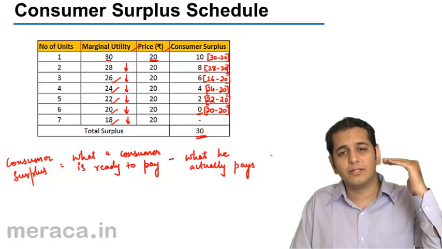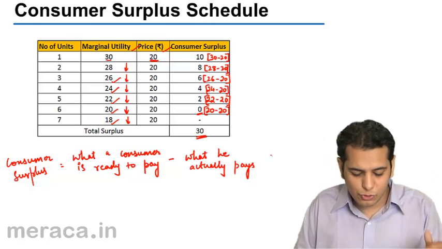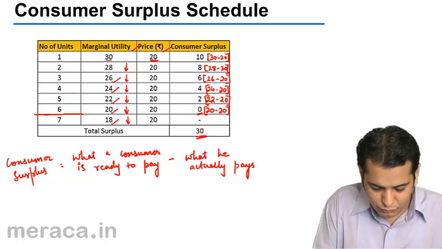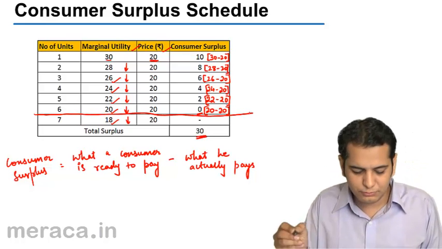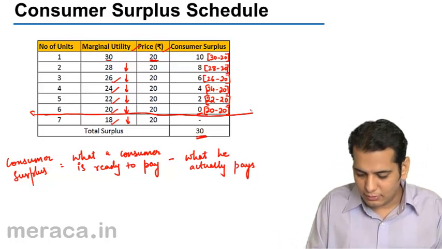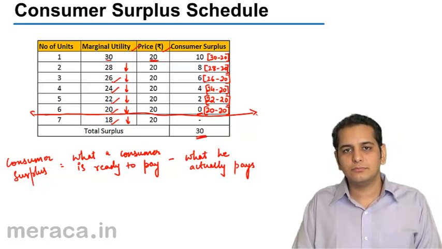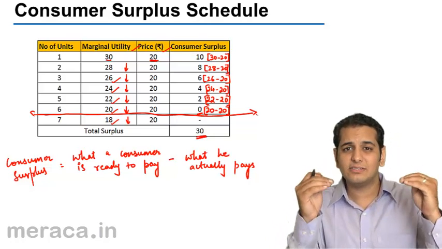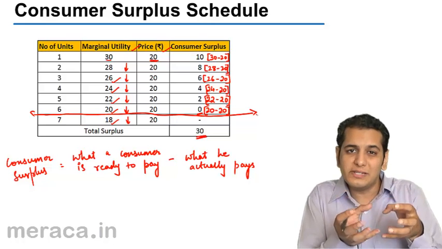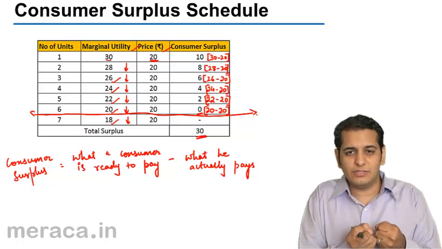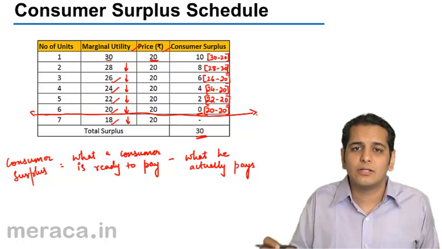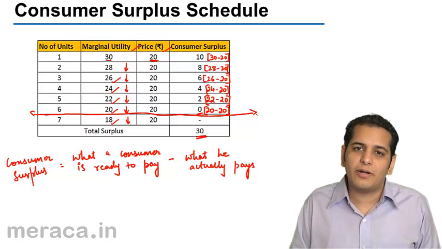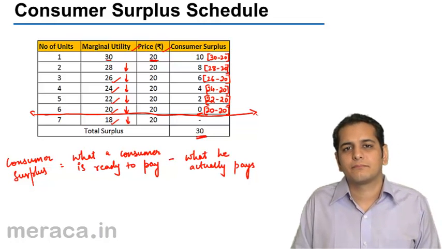And this is where the consumer should stop. The consumer should stop the consumption at the 6th unit, because this is the level where the utility derived from the product is equal to the price that he is ready to pay.